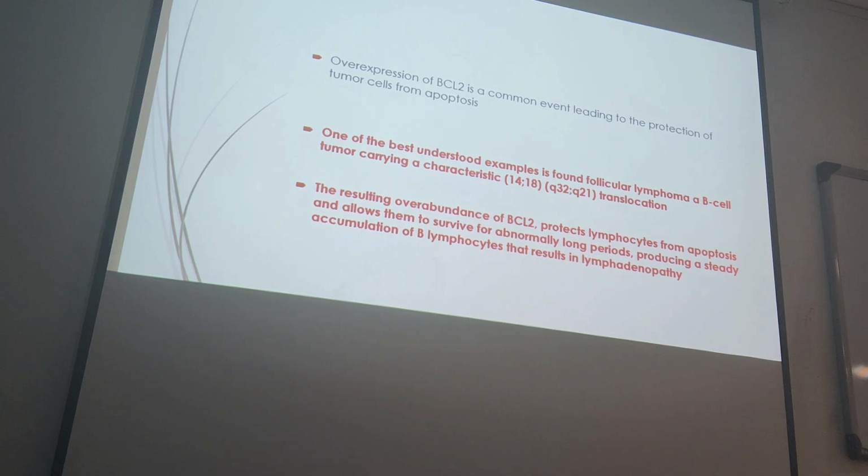Sometimes now, in a patient with lymphadenopathy, when we think that this is follicular lymphoma or another type of lymphoma, we can find this translocation by molecular study for exact and definite diagnosis.